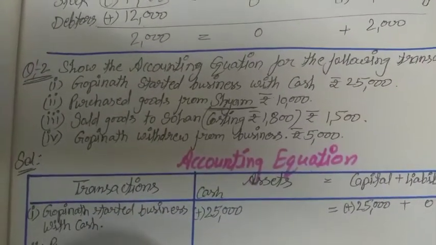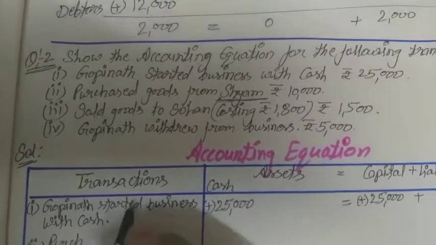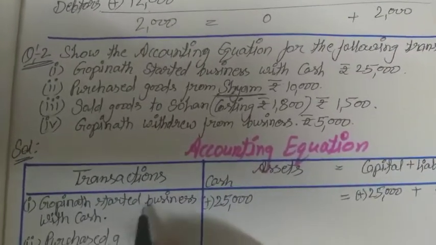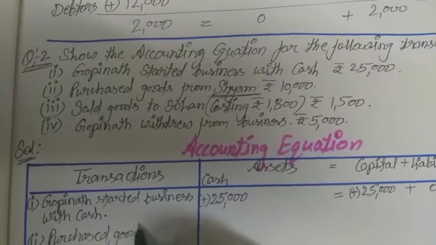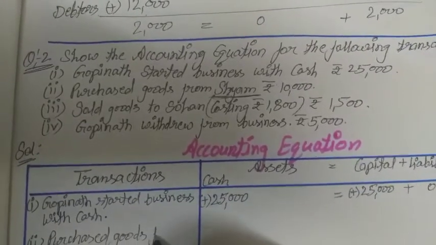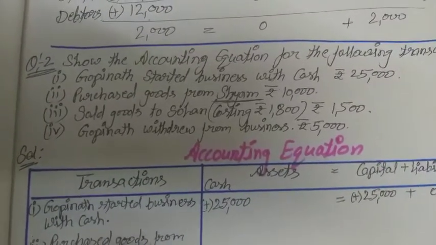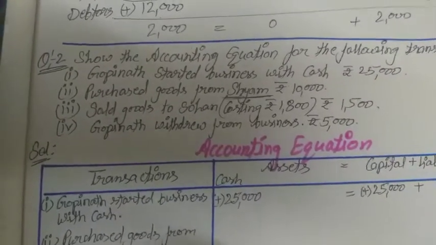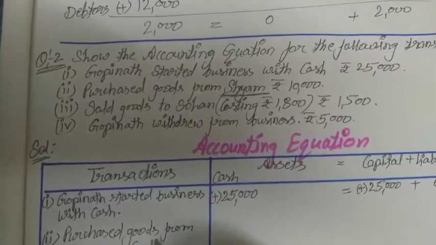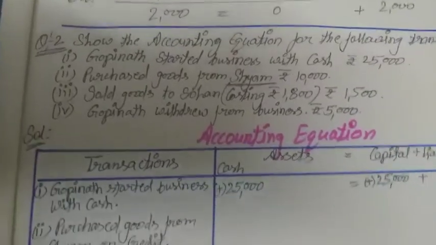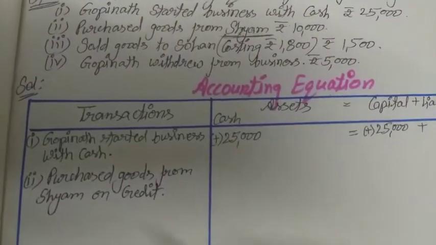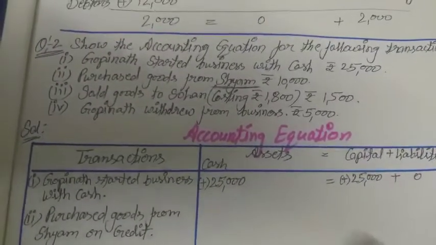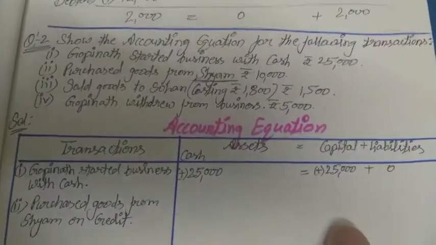So this transaction is counted as credit. Purchased goods from Sham on credit. Okay. We will mention here that we have purchased these goods on credit.